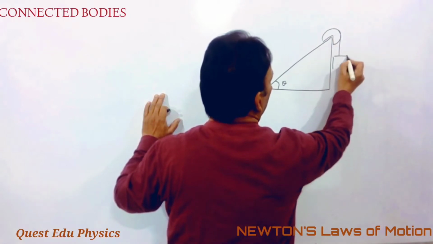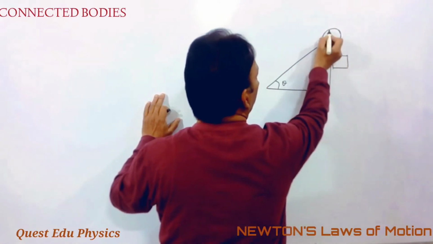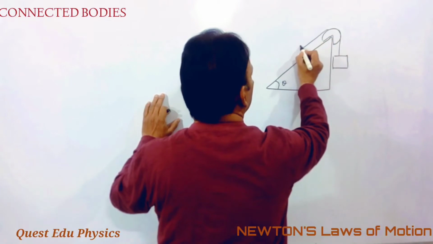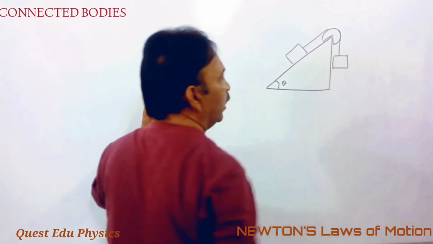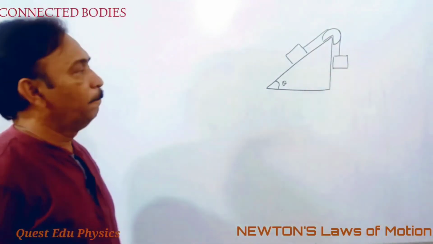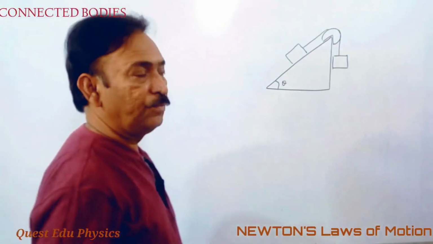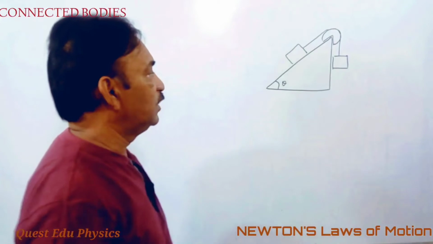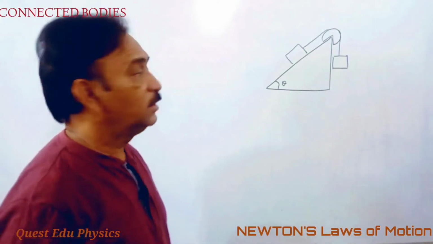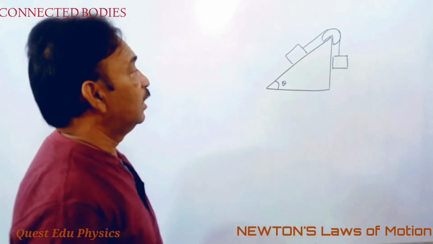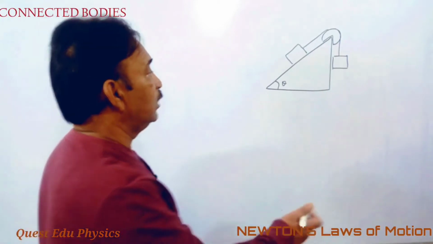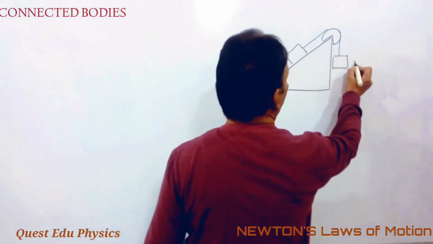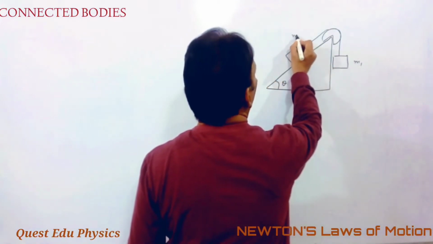The string is inextensible and massless. Okay students, and these two masses are connected this way, and he's asking us what is the acceleration of the system as well as the tension which is present in the string.